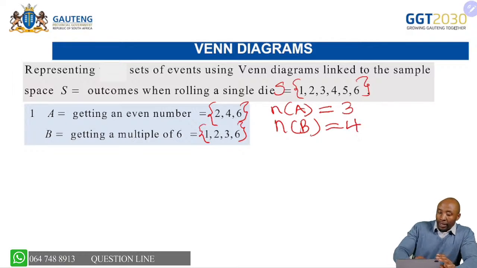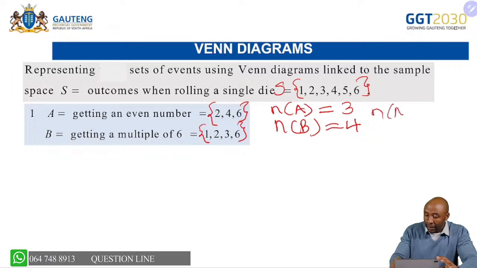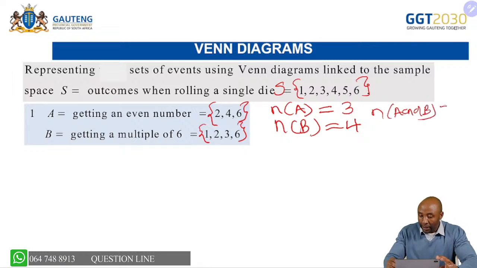Now, let us look at what we can have on the intersection, which is the number in A and B. If we look at this information, let's look at set A. We are having a 2. Set B, we also have a 2.